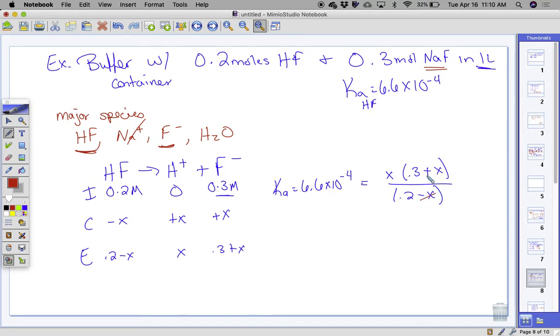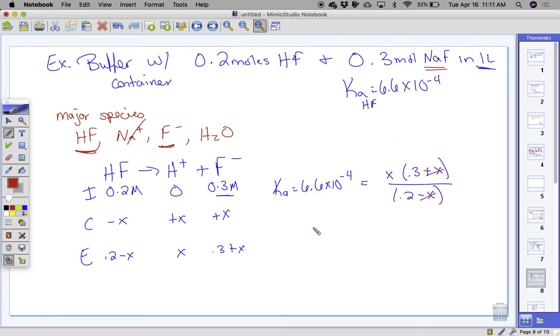That this X and this X do not matter because they are added or subtracted to a concentration. We can't get rid of that one though. So going back to last chapter when we did Q values, if you did the Q here, it would be 0 over 0.2, 0 times 0.3, right? So it's going to shift right because Q is going to be smaller than K.